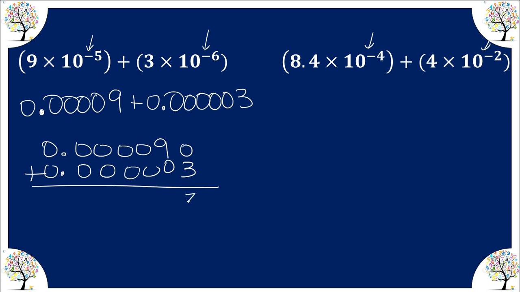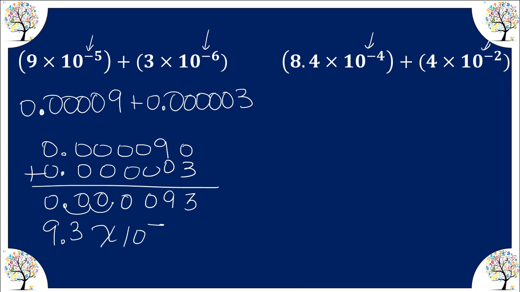So 0 plus 3 is 3, 9 plus 0 is 9, and then we have 0, 0, 0, 0, and decimal. So our coefficient is going to be 9.3 times 10 to the negative 1, 2, 3, 4, and 5, negative 5.